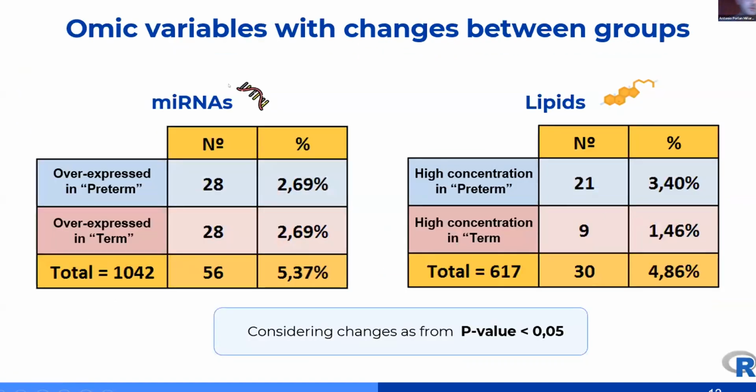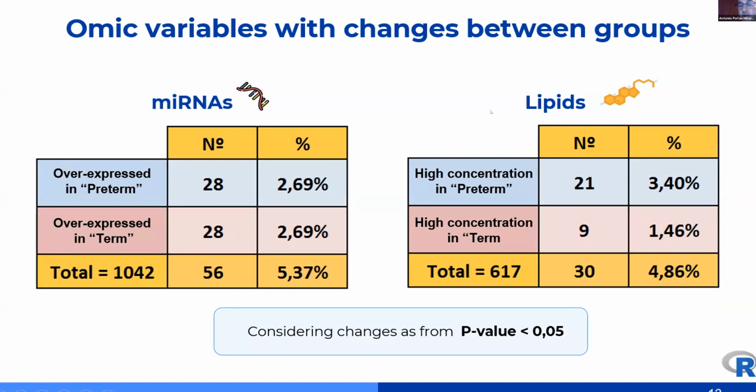So now it's time to obtain which microRNAs are overexpressed or underexpressed in one group in comparison with the other. In the case of microRNAs, we found 20x microRNAs overexpressed in every group. And in the case of lipids, there wasn't a preprocessing step.